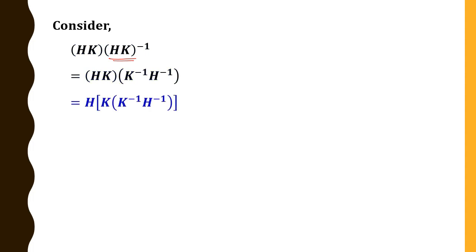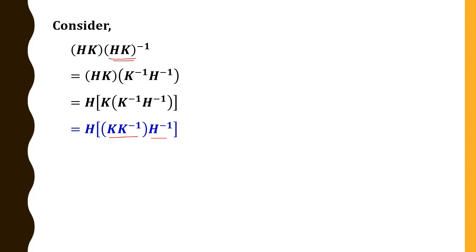So let us consider left hand side, that is HK into HK whole inverse. Again, using theorem 1, HK whole inverse can be written as K inverse H inverse. So in the next step, this can be written as H of K into K inverse H inverse. Next, K of K inverse H inverse can be written as K into K inverse into H inverse.